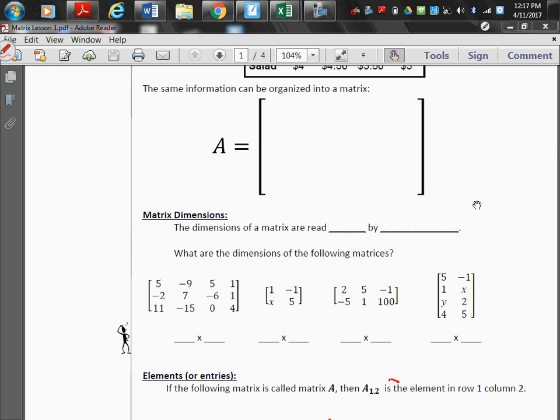This one has 3 rows by 2, 3, and 4. So it's a 3 by 4. That X, you have to put the word by. It's not a 3, 4. It is a 3 by 4. Yes, put the X. That X means the word by. Alright. 2 by 2. 2 by 3. 4 by 2.